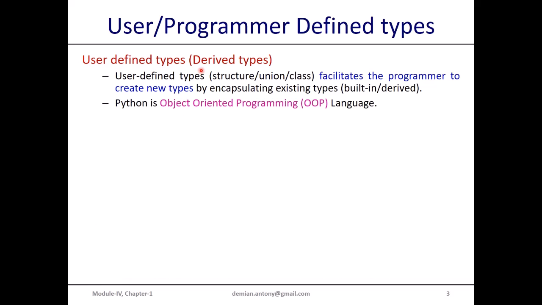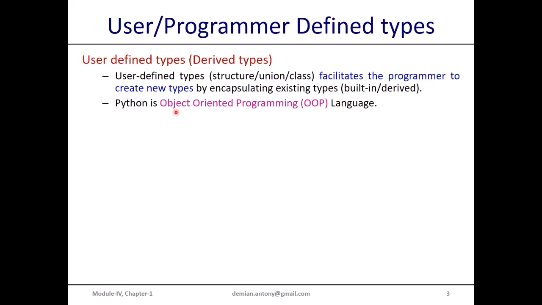Programming languages provide the facility for programmers to create user-defined types like structure, union, or a class. And these user-defined types facilitate the programmer to create new types by encapsulating the existing types or even the derived types.